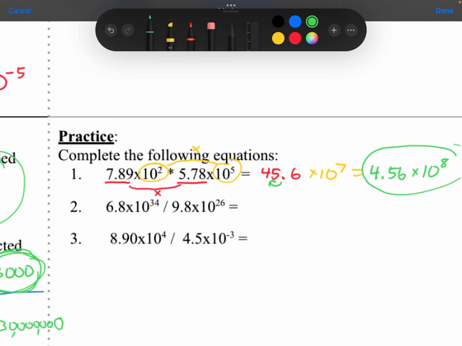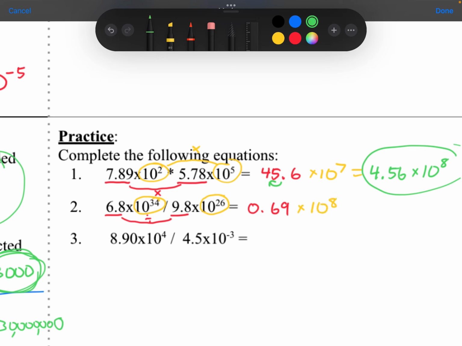All right, number 2. We have our raw number bit, 6.8 divided by 9.8, so we can divide those normally. That's going to give us 0.69. We have our exponent bit, 34 and 26, so we're going to do 34 minus 26, and that's going to give us times 10 to the 8th.